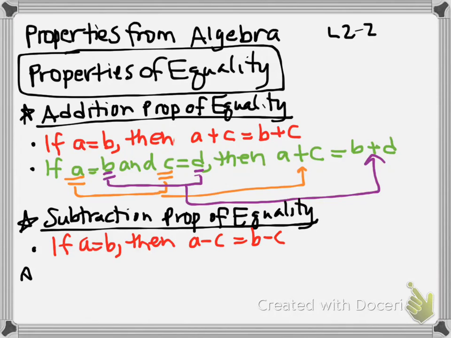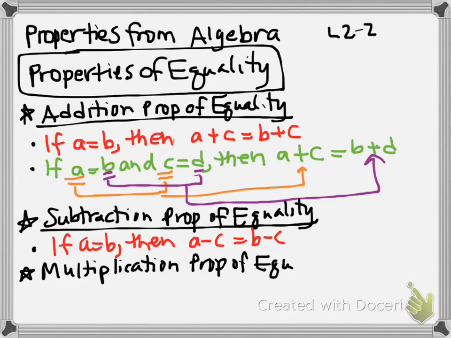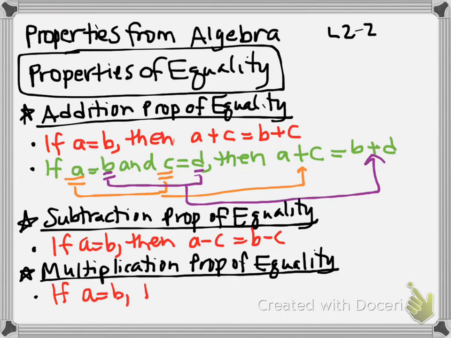And then we have the multiplication property of equality. And that one says if A equals B, then the product AC equals the product of BC.